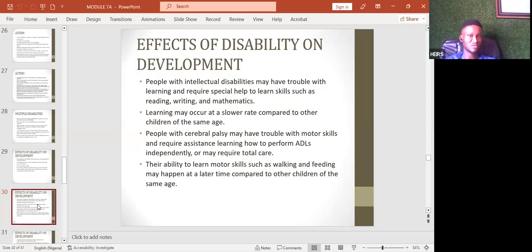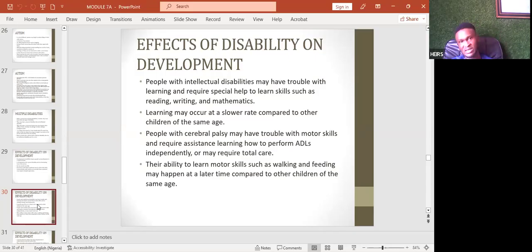They need a special type of teaching, of treatment. So learning may occur at a slower rate compared to other children of the same age, but they will still learn. People with cerebral palsy may have trouble with motor skills.